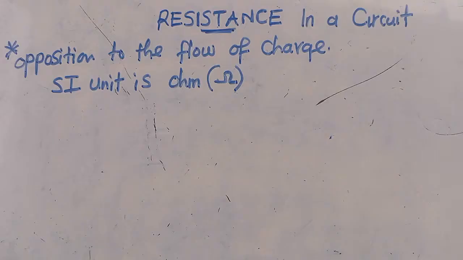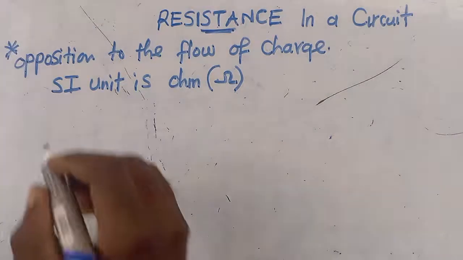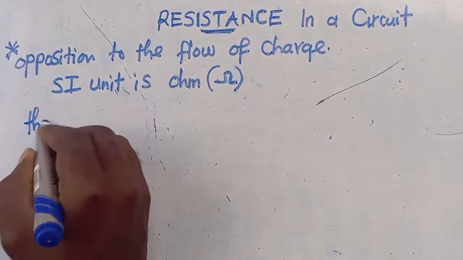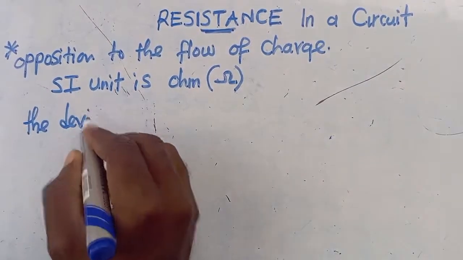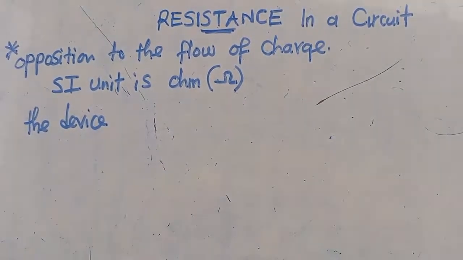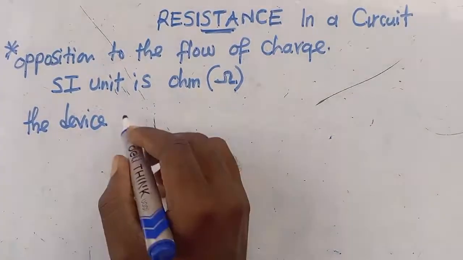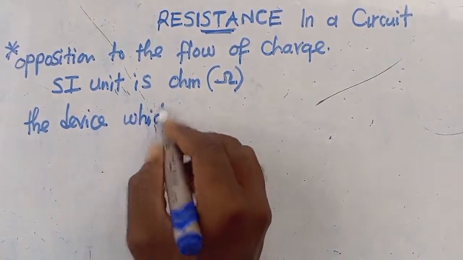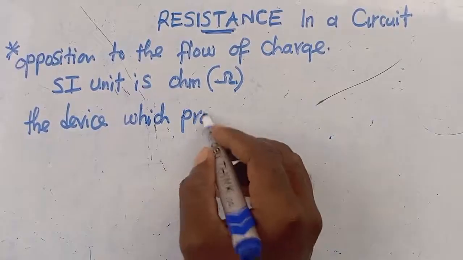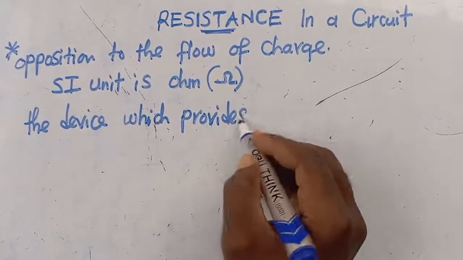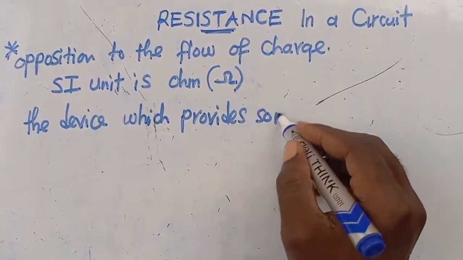A device which provides some resistance in the circuit is called a resistor. I want you to understand that this device can be a heater, it can be a bulb, as long as it is providing some resistance.